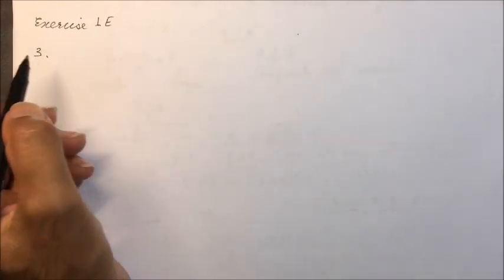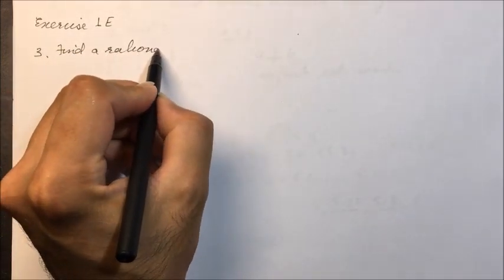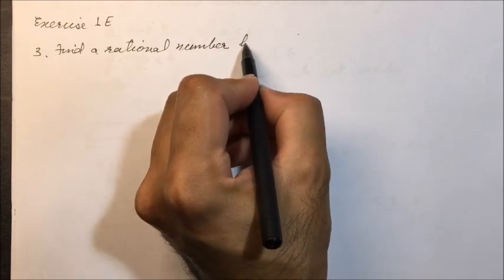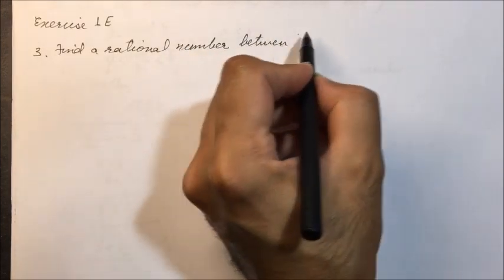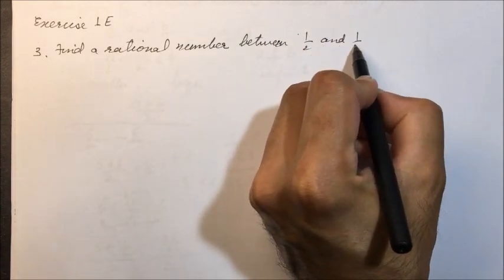Now I am taking the exercise, first E, third question. We have to find a rational number between 1 by 2 and 1 by 3.